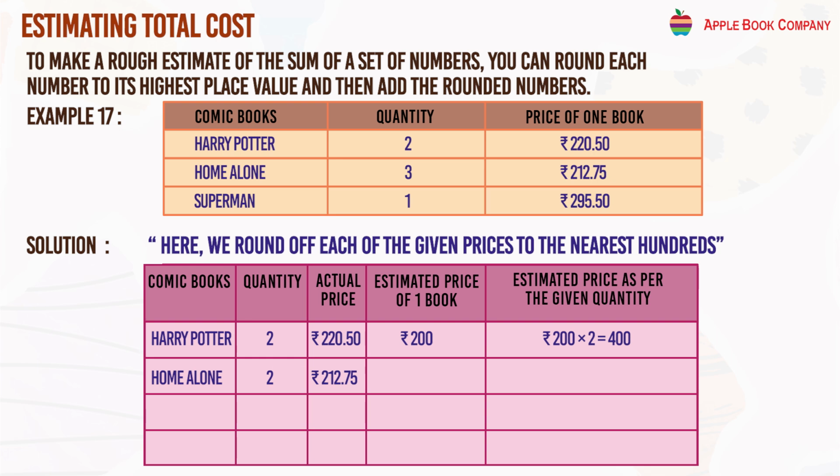Estimated price of 1 book 200. Estimated price as per the given quantity 200 into 2 equals 400. Superman 3, 295.50. Estimated price of 1 book rupees 300. Estimated price as per the given quantity 300 into 3 equals 900. Total 1700 rupees. The estimated total cost is rupees 1700.